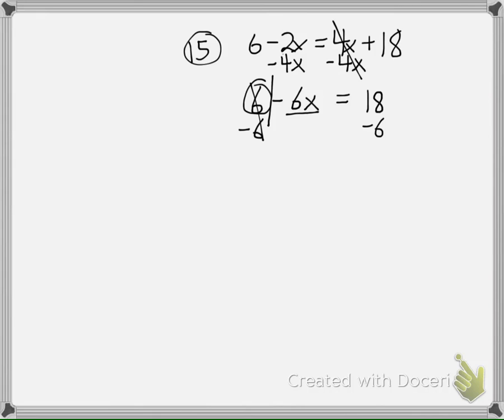That's still there because that's attached to the number that follows it. So this is not 6x, this is negative 6x. And on the other side, 18 minus 6 is 12. And then I divide through by negative 6 on both sides, and I get x equals negative 2.